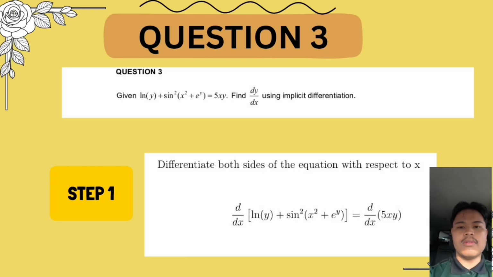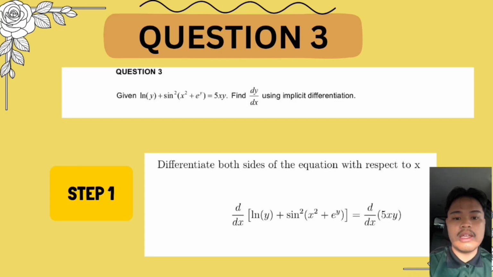To look at the slide, the first step is that we differentiate both sides with respect to x. Since the equation contains both x and y, we use implicit differentiation, meaning every y gives a dy/dx through the chain rule.